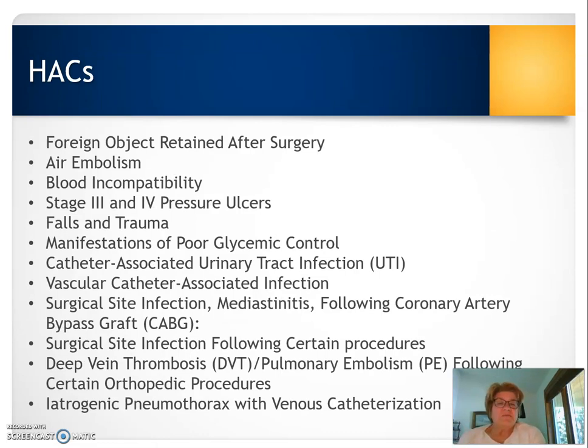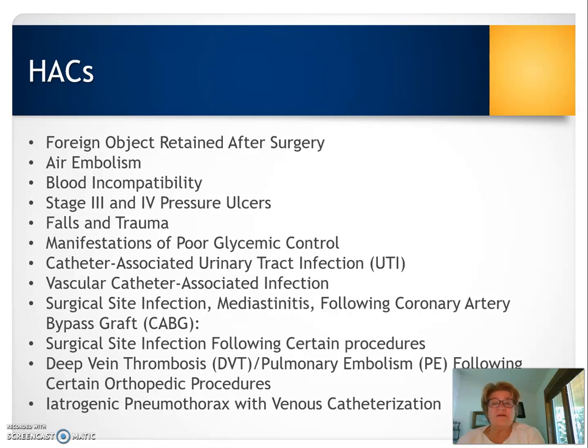So if I'm a safety professional or a quality professional, in addition to looking at the incident reporting system, I look at this every month or every week to see if any of this coded data pops up, because sometimes you can find issues. Air embolism, which actually happens, blood incompatibility, pressure ulcers, falls and trauma, poor glycemic control, and actually not every one of these is a drug error.